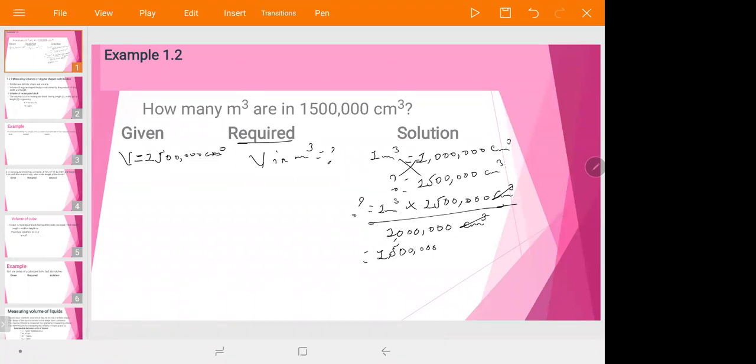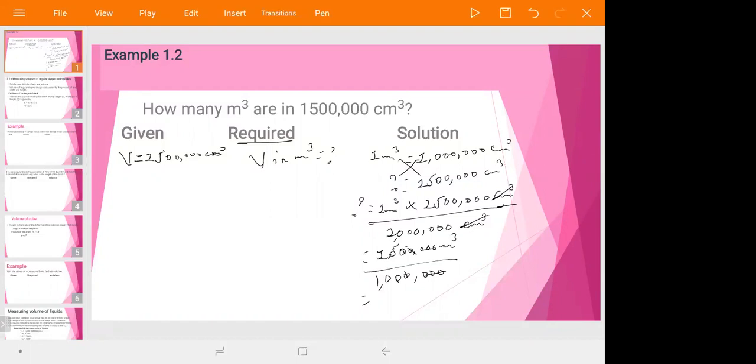1,500,000 meter cube over 1 million. We don't have a unit in the denominator. So 5 zeros cancel by 5 zeros. Then what is left for you? 15 over 10.